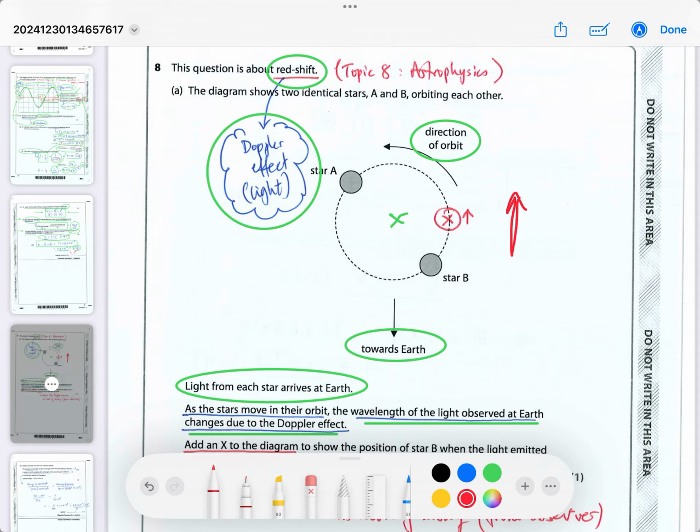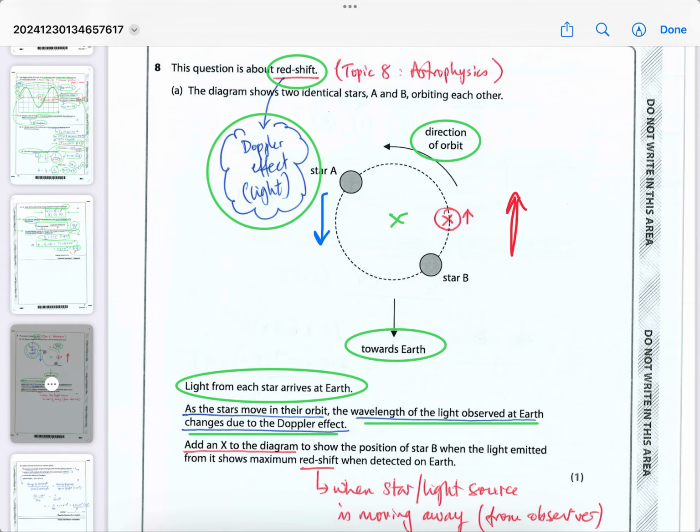And when it's coming towards us, you could say it would be blue shifted. Okay? So red shifted will be on the right side of the diagram because the star is moving away from us. And on the left side of the diagram, the star is moving towards us, therefore it should be blue shifted. Okay, so that's trying to understand the theory.